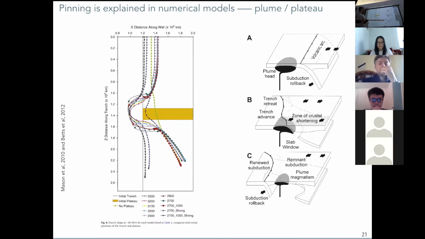Another form of anomalous subduction that we talked about in a separate paper is what happens with plumes interacting with subduction zones. In traditional convecting systems, you don't really have upwellings and downwellings hitting each other all that often. It's a self-organized system in which they avoid each other. But there are two rules of thumb about how things work.